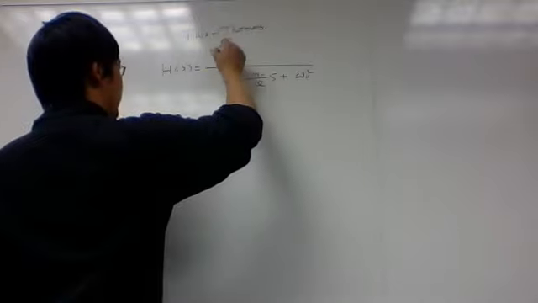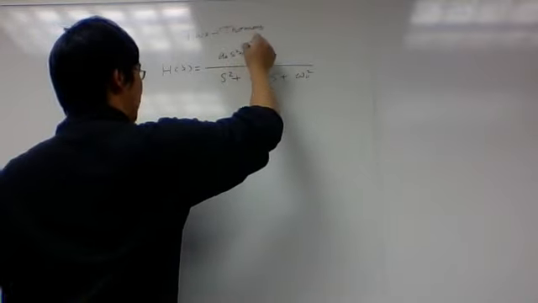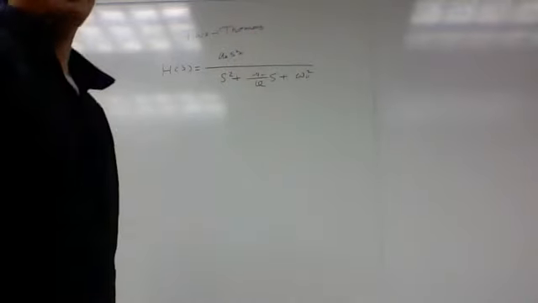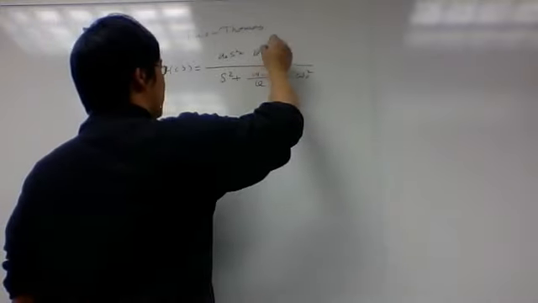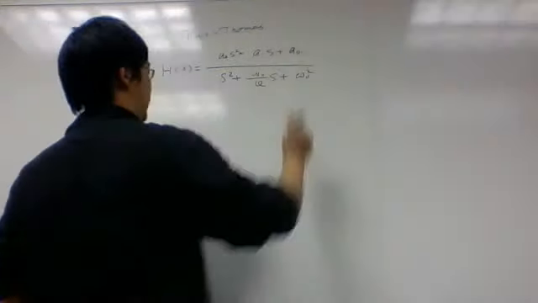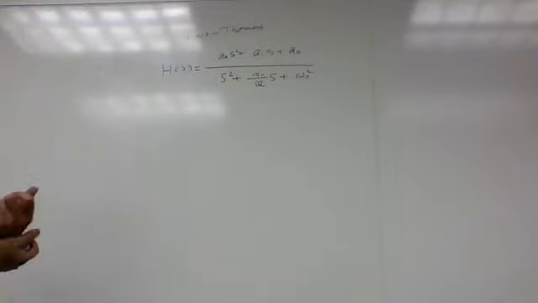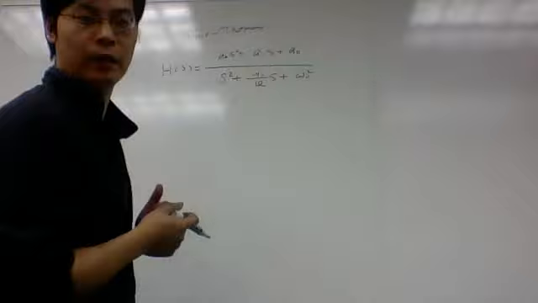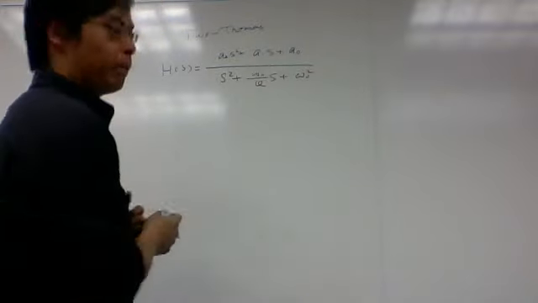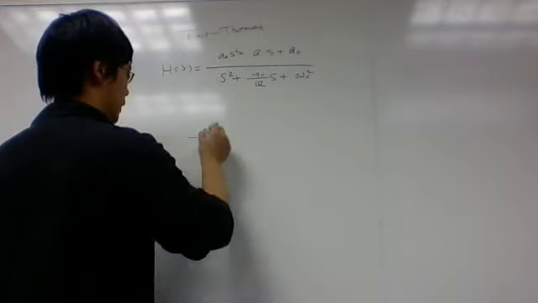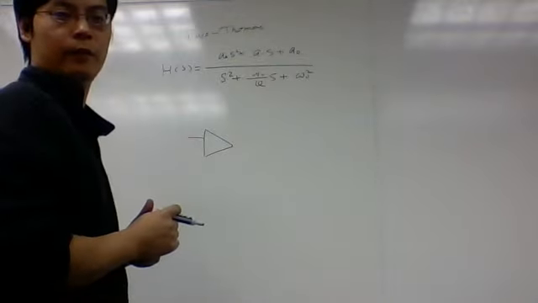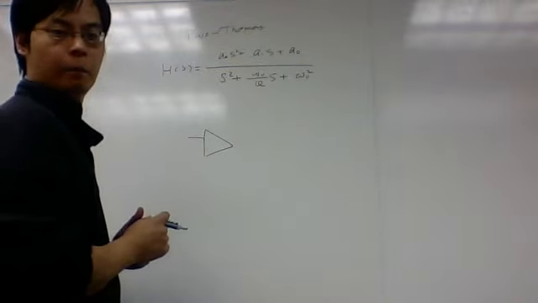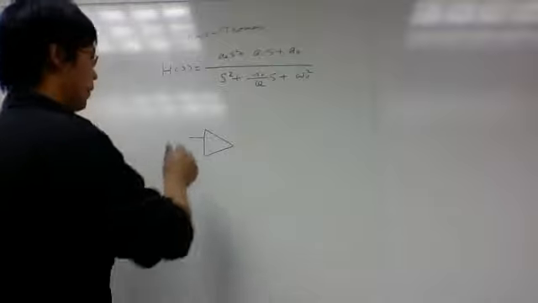That's as before. But right now you have a2 s squared plus a1 s plus a0. Okay. Now the implementation is something like this: you have an op-amp, and then you have a cap here.